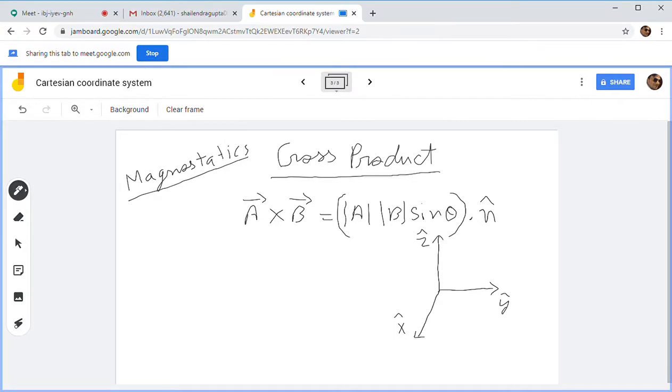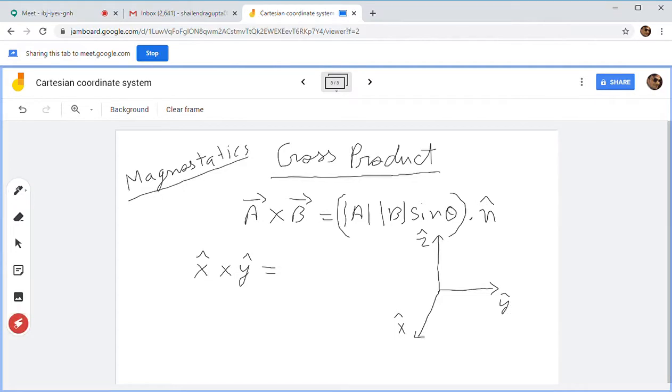If you take the cross product of vector x with vector y, what will it give?